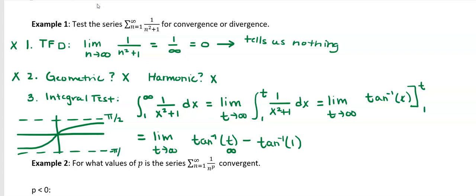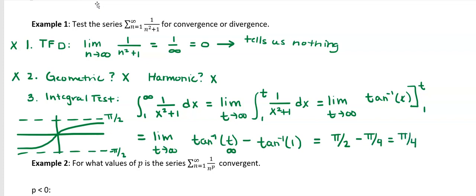Now, because we're working in the positive direction, we need to stick to the pi over 2. So arctan at infinity would really give us the value of pi over 2. And arctan evaluated at 1 is saying at what angle does the tangent equal 1? And that is at pi over 4. So our answer here is going to be pi over 4.